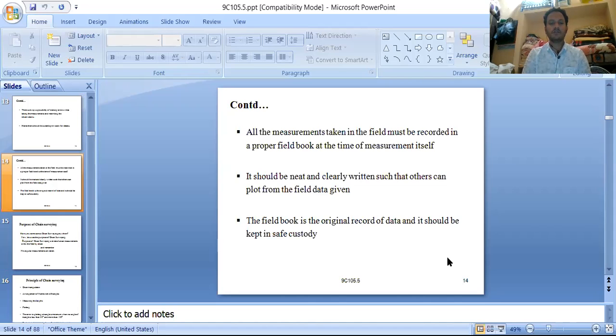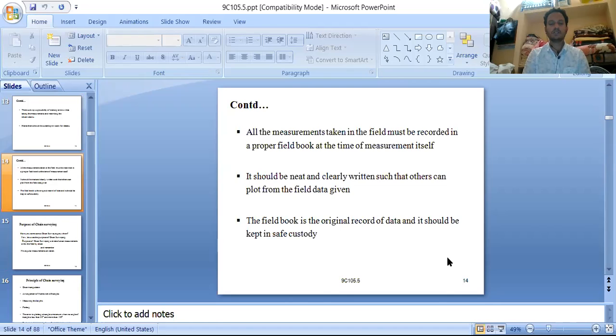And it should be neat and clearly written, such that others can plot from the field data which is recorded in the field book or in a map. Some people, if they won't write clearly, it is very difficult for others to understand and interpret the data.